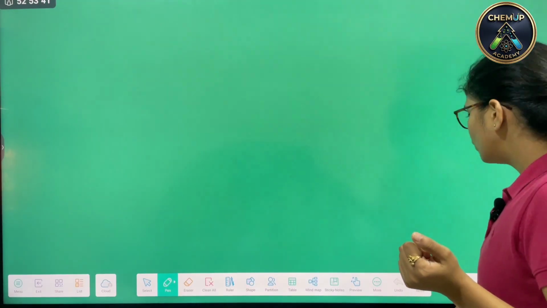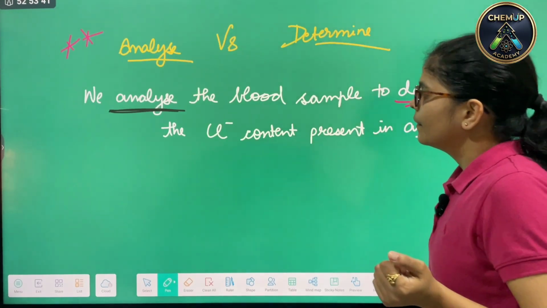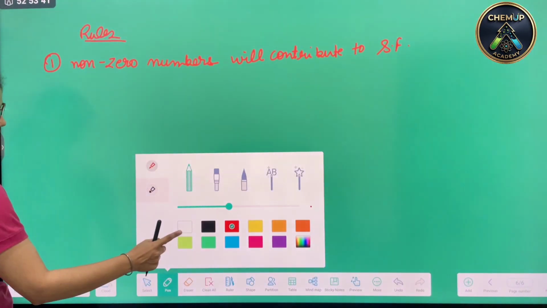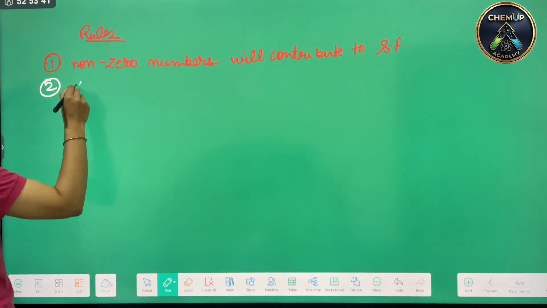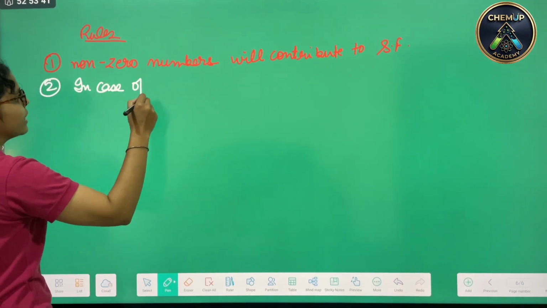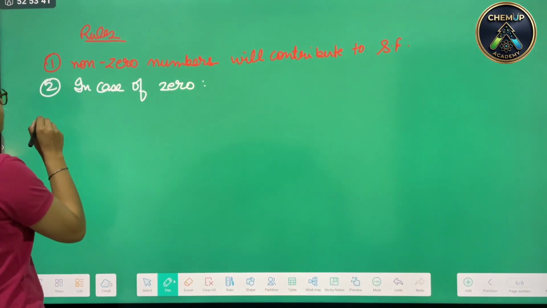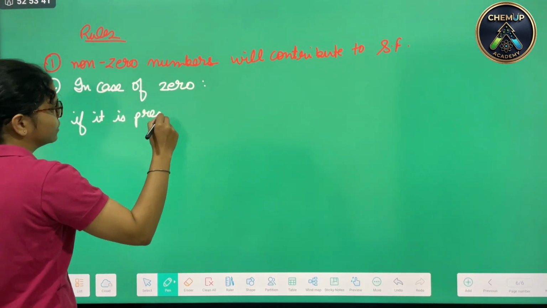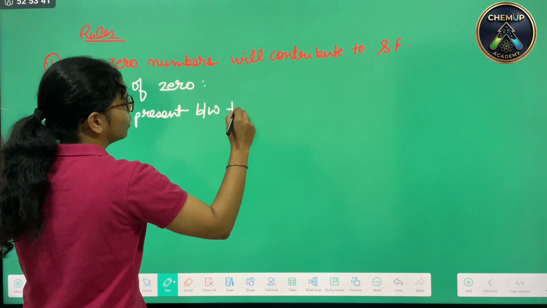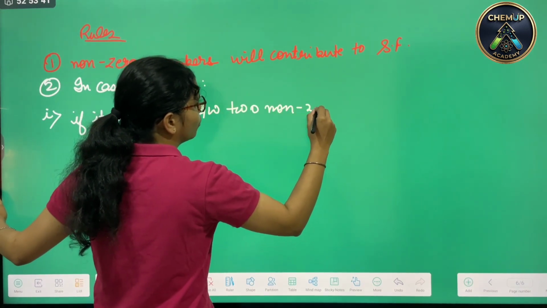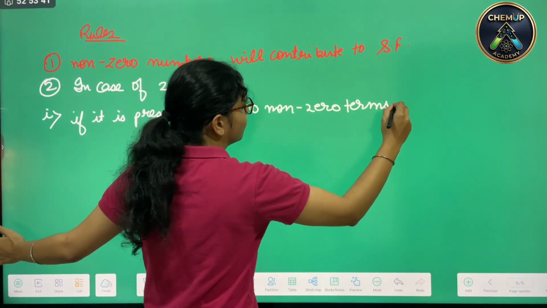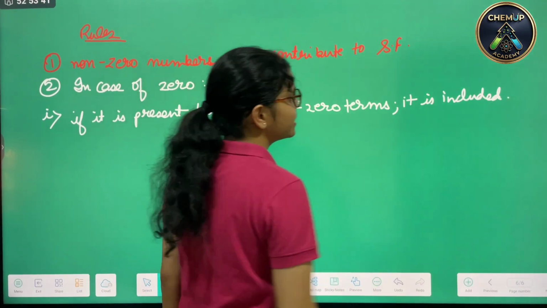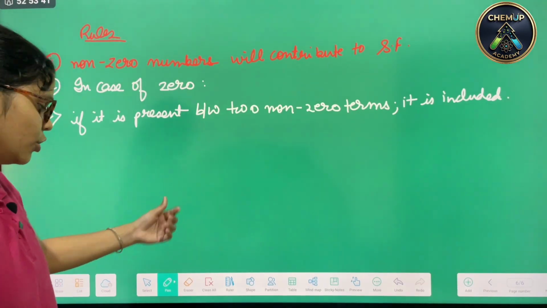So for zero, the first case says that if it is present between two non-zero terms, it is included.